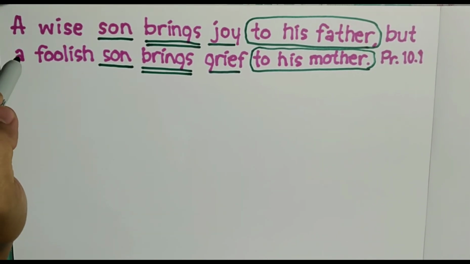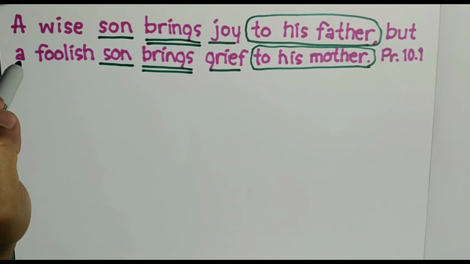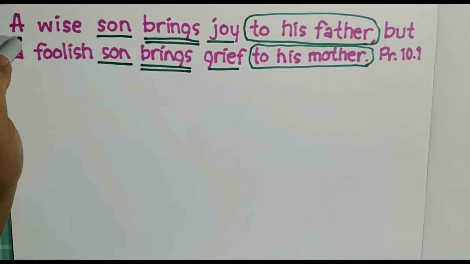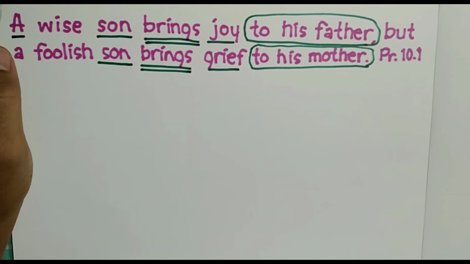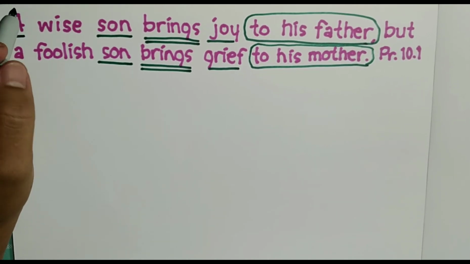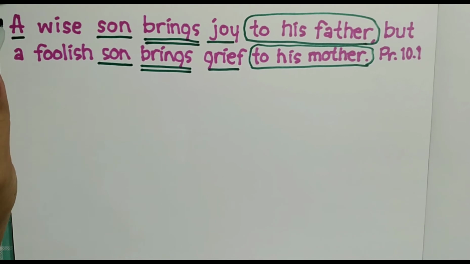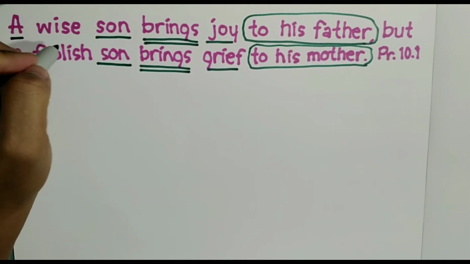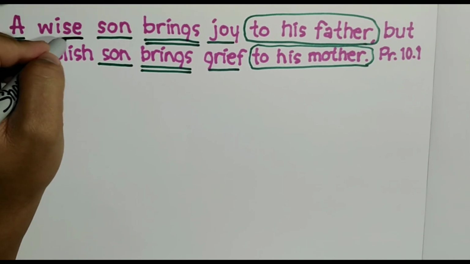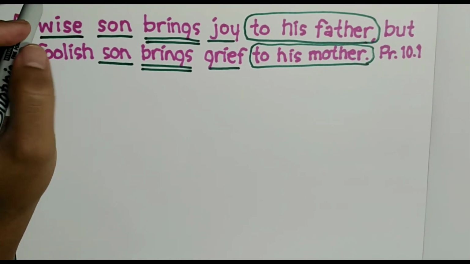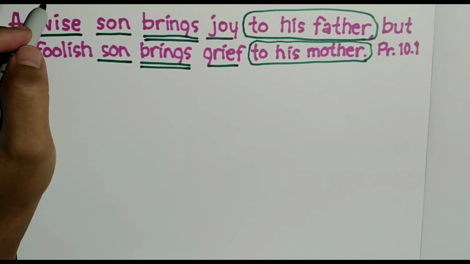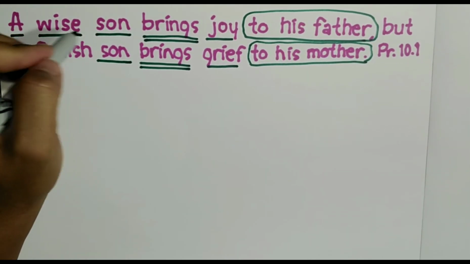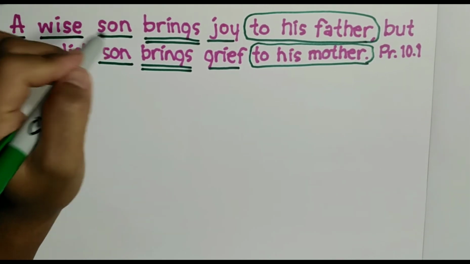Even without wise, it could be a son. So this a is actually an adjective. It's an indefinite article that describes the son, a son. And wise also describes the son. What kind of son? Is he a wise son? Okay, it describes the son.